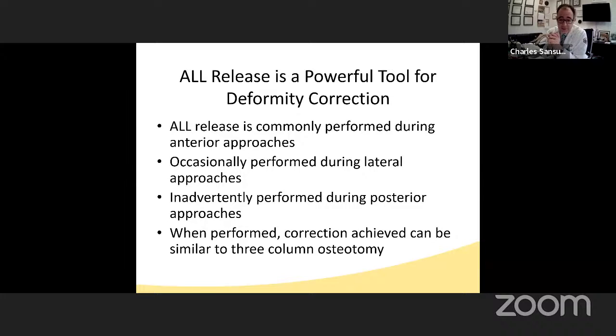Sometimes, inadvertently, the anterior longitudinal ligament can be released during a posterior approach, and so we can learn from these inadvertent situations that sometimes you can intentionally release it from the posterior approach. Regardless of what approach is used to release the anterior longitudinal ligament, when it's achieved, the results can be very similar to a 3-column osteotomy.